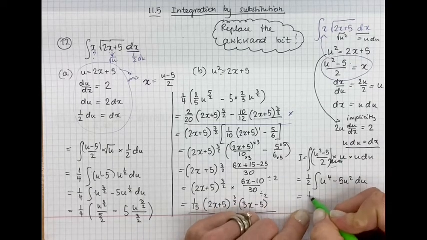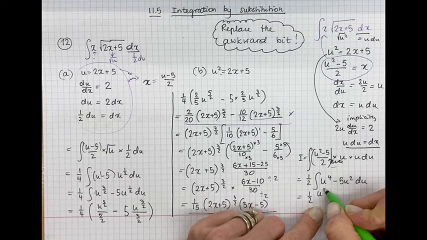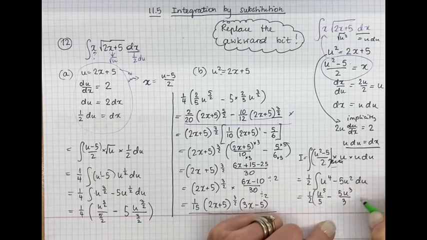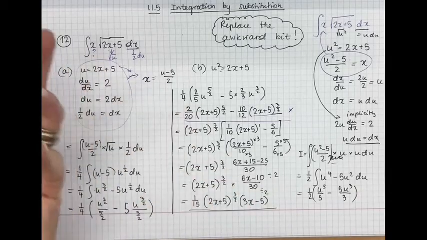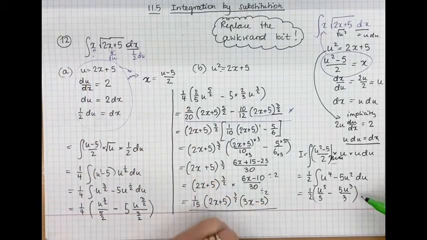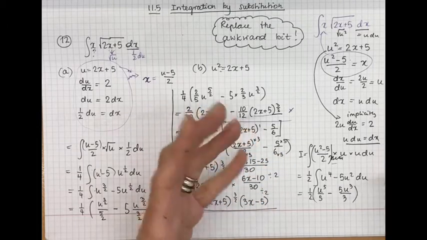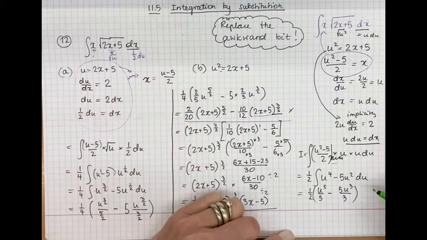Add 1 to the power, divide by that power. So this way, actually, if you were to factorize it, it might make sense to factorize it first and then do the substituting if you wish.